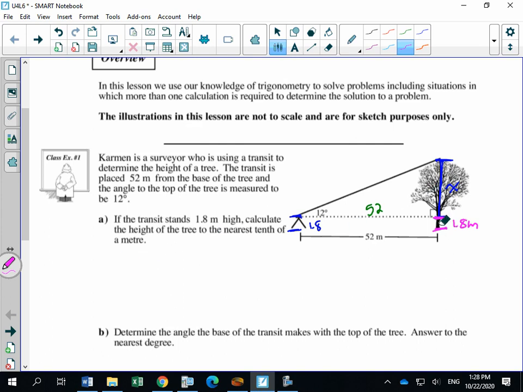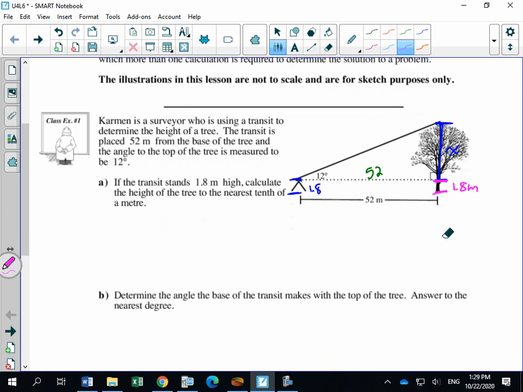So again, ignore the transit for now. Just focus on your triangle, and let's figure out the tree from here to here. So this blue x. So let's label according to 12 degrees. x would be my opposite side. This is the hypotenuse of the triangle, and 52 would be my adjacent. I need to box in what I'm looking for, which is my x, and my given side, which is my adjacent.